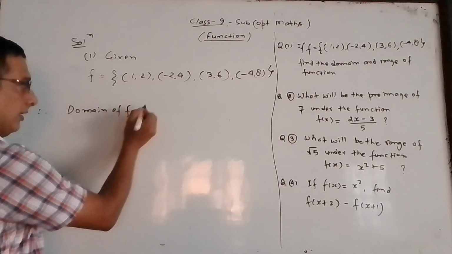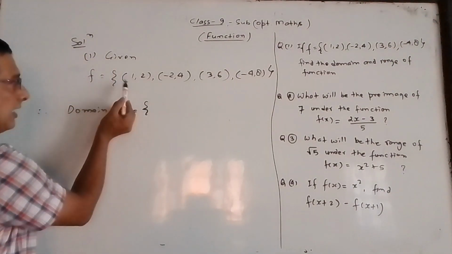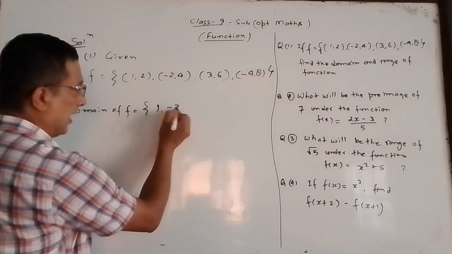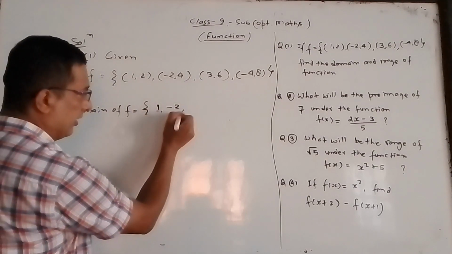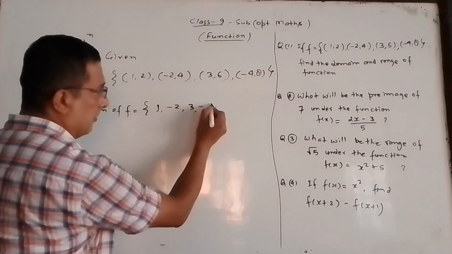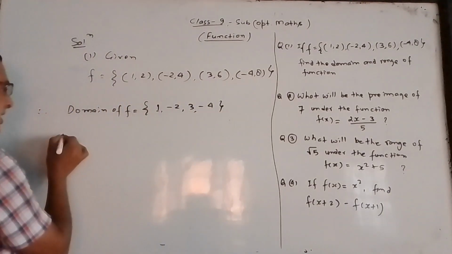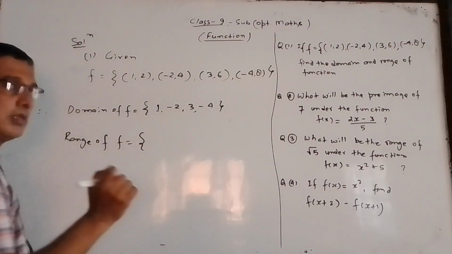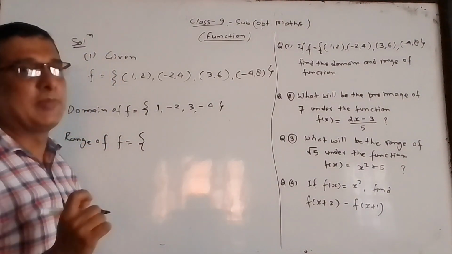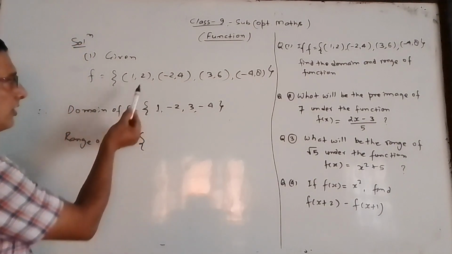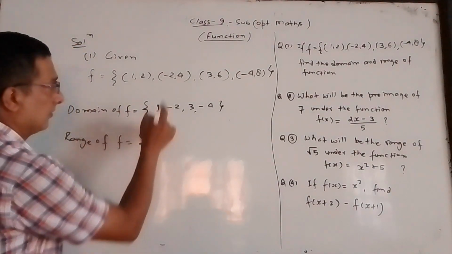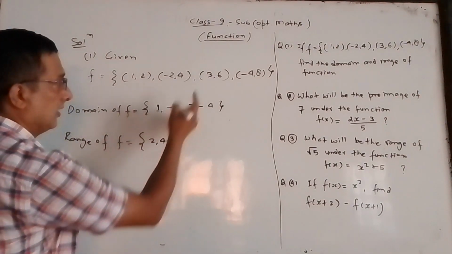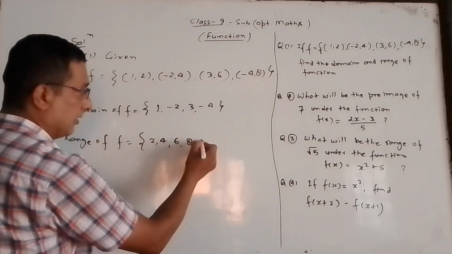Therefore, the domain of f is the set of first elements, without repeating: there is 1, there is -2, there is 3, there is -4. The range of the function is the set of all second elements of the ordered pairs: 2, 4, 6, 8.